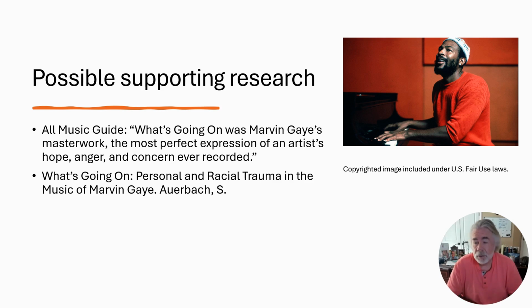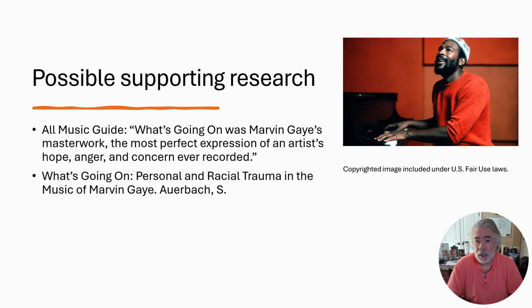Now, a lot of you are so much younger than I that you may not be familiar with this record, or maybe not even Marvin Gaye. Some of you, because he was such a big superstar back in the day, have heard his music and are familiar with it. Maybe your parents have played it, your grandparents have played it. You want to expand your audience's understanding and knowledge about your topic.